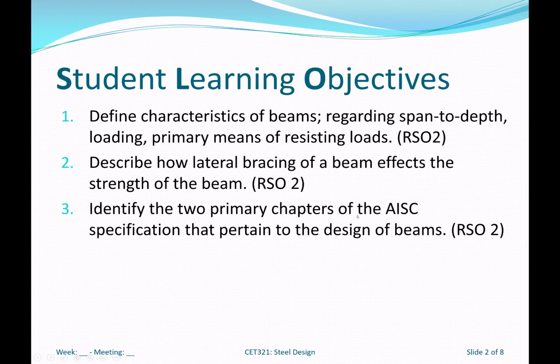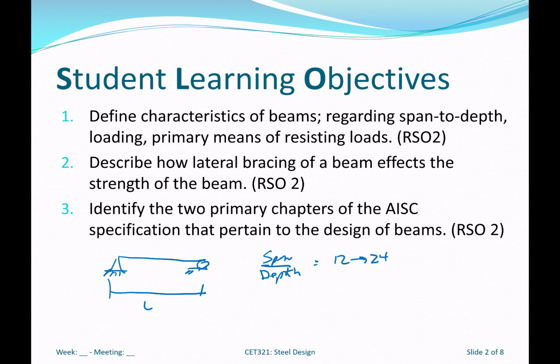So when we think of a beam, I'm thinking of span, L is span. One of the things, again, a rule of thumb is that the span to depth ratio is 12 to 24, and this depth is in feet.